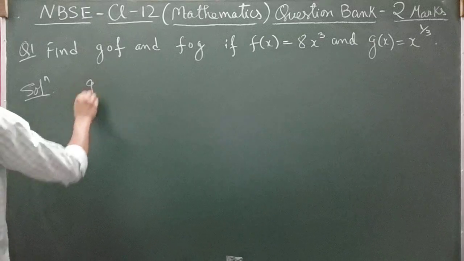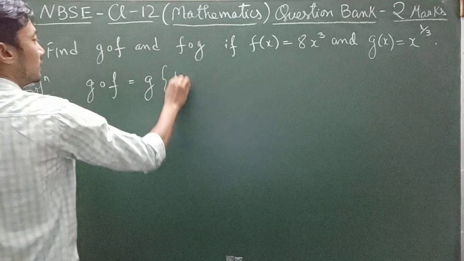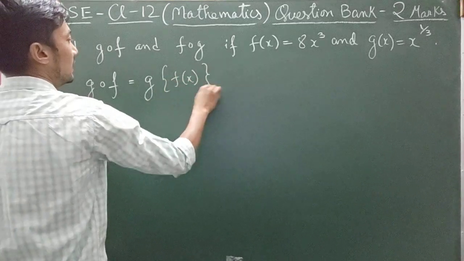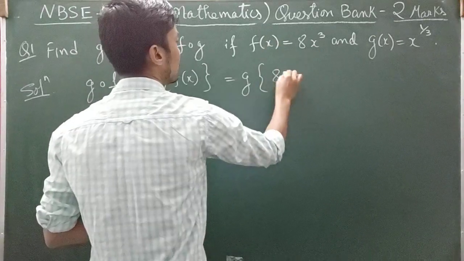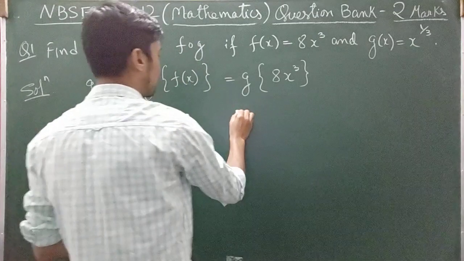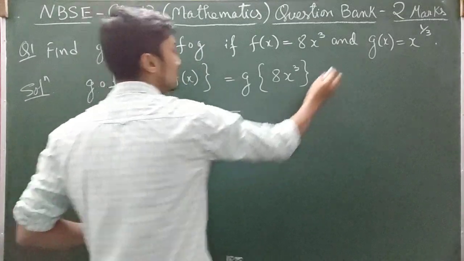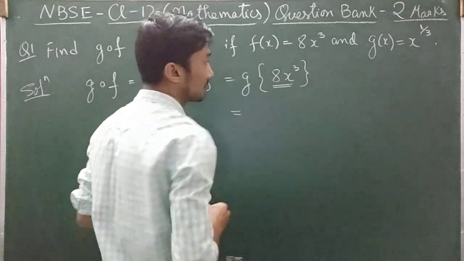Solution. So let's go for g on f. As we know, g of the function f of x. That's going to be g of what is our function f of x here? 8x cubed. So these are simple questions. What is our function g? x power 1 by 3.